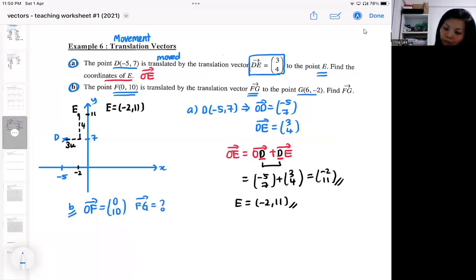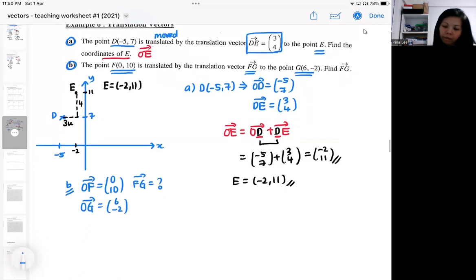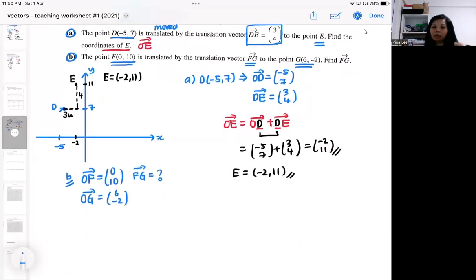But I do have OG, which is 6, -2. So in a way, I want to find out how do you move from F to G. FG means how do you move starting from F going to G. If you want to draw, you can draw. I'm quite sure if you draw it out and count the number of units, you can get the answer.